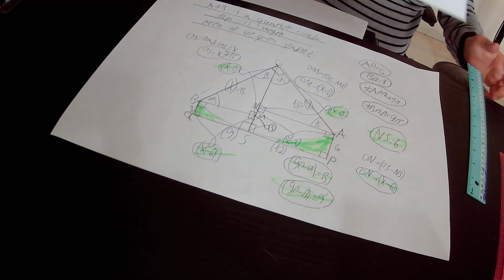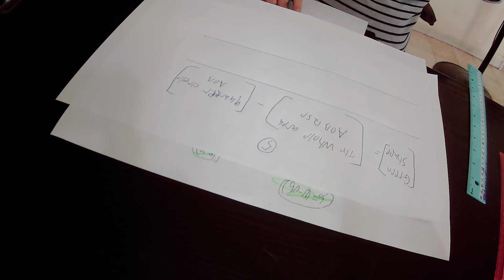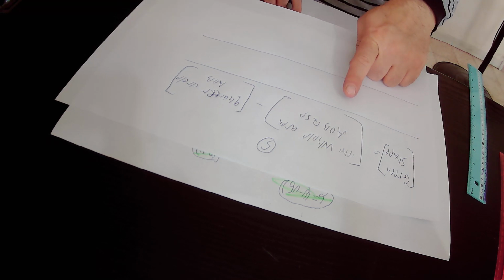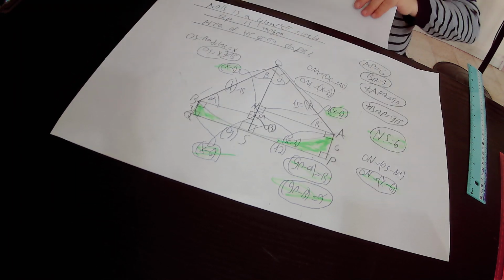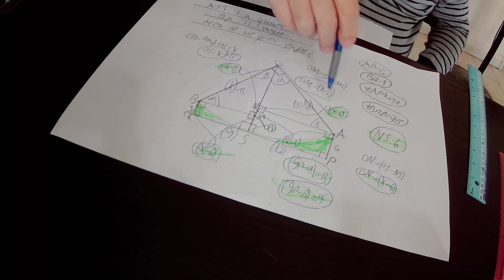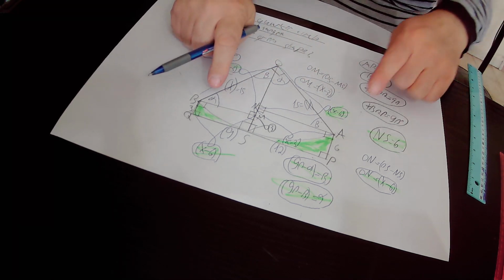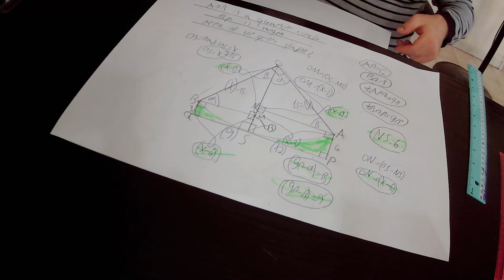So the area of the green shape equals the area of the whole shape, the big shape AOBQSP, minus the area of the quarter circle AOB. The area of the whole shape minus the area of this quarter circle AOB will be equal exactly to the area of this green shape.